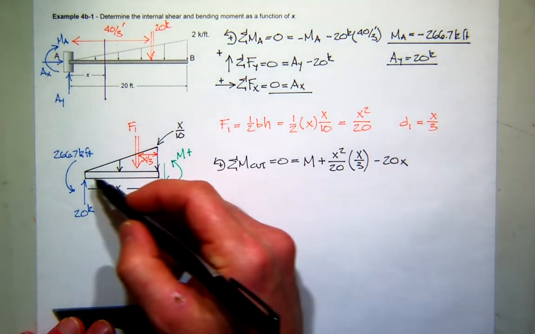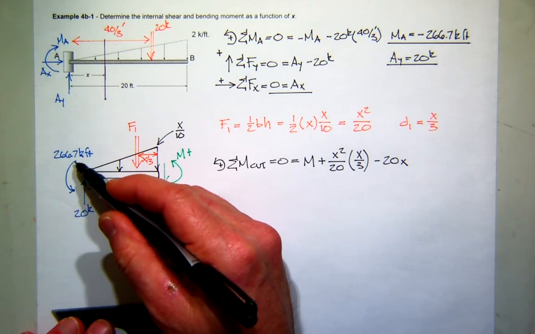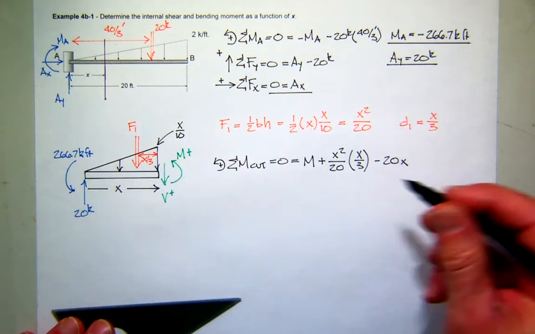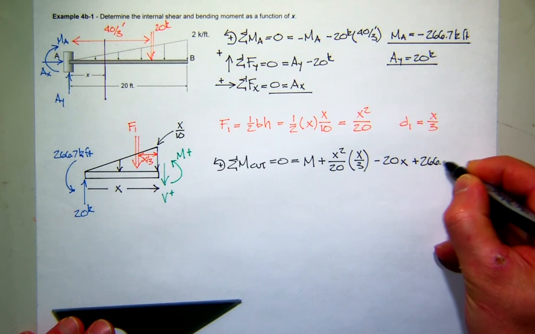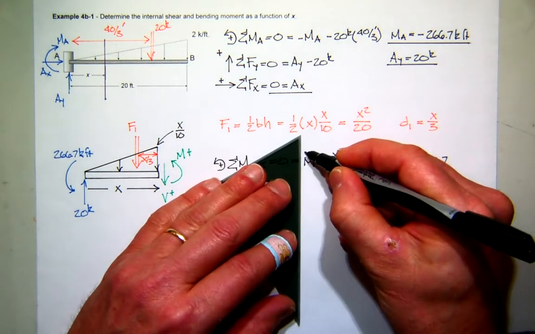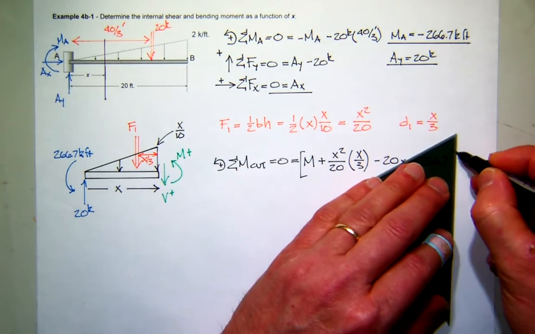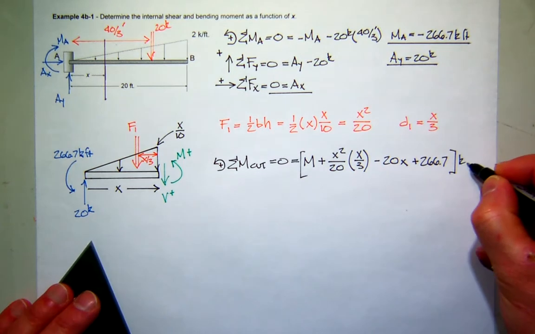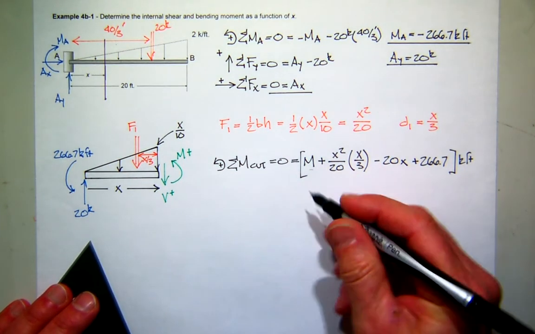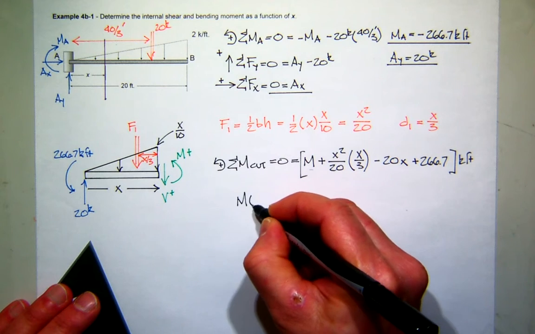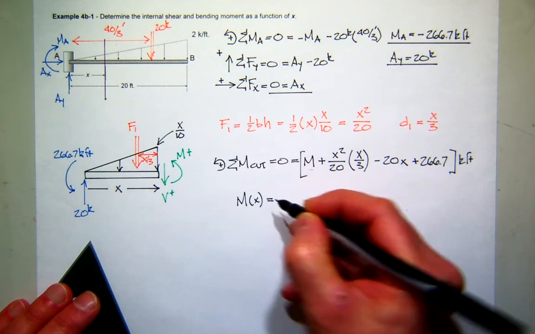Then all the way over here on the end, I've got this moment, which according to my sign convention is positive, 266.7. And all the units in this particular expression are moments, so they're kip feet. So now you just solve for the moment. When I solve for the moment, which is now going to be a function of x, what do I get?